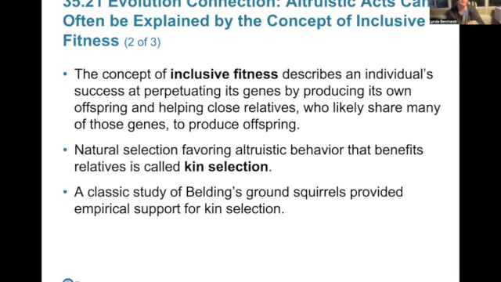The concept of inclusive fitness describes the individual's success at passing on its own genes, but also helping close relatives continue to survive. So natural selection favors altruistic behaviors for relatives. That is called kin selection. So, trying to make sure that your family survives.